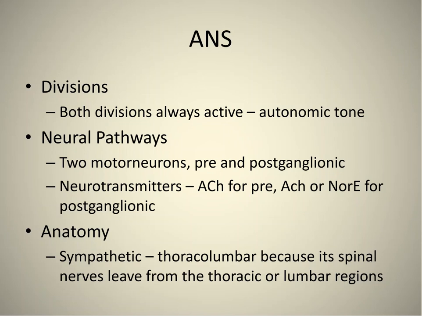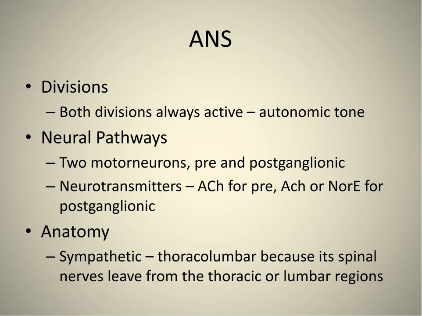In the neural pathways, you always have two motor neurons, a preganglionic motor neuron and a postganglionic motor neuron. And then we're also going to get into the neurotransmitters that are secreted by these motor neurons: acetylcholine, or ACh, or norepinephrine, or NE.